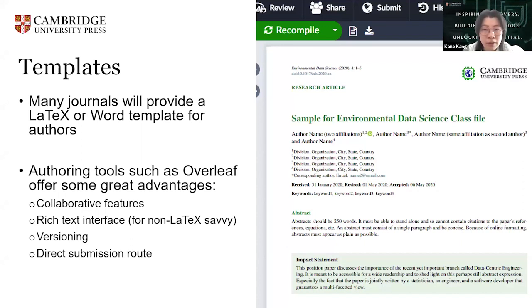If you go there, you can see our templates for some journals. It's quite useful, quite easy to use, and it also has a direct submission route. So if you have any issues, you can have a look at that. It can make your life easier.